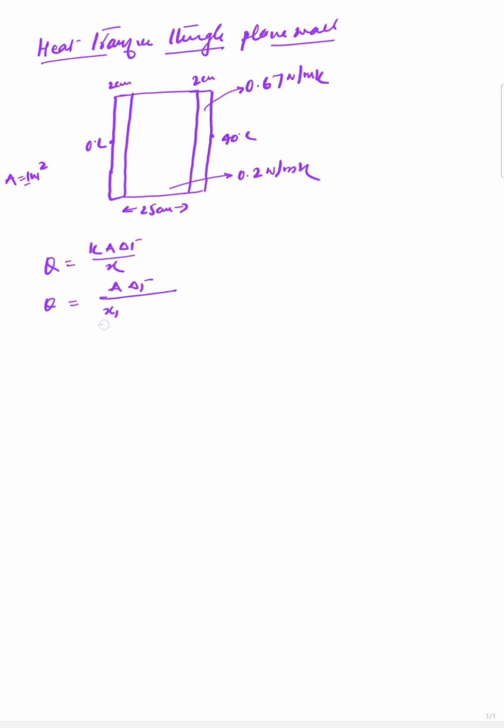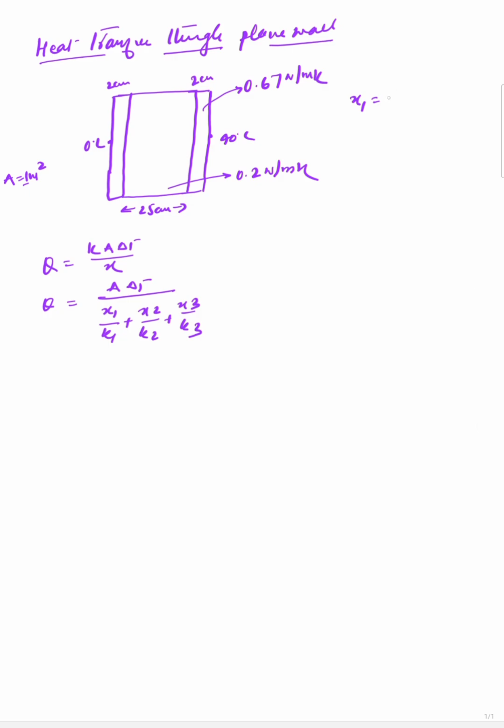Q = A ΔT / (x1/k1 + x2/k2 + x3/k3). Here suppose x1 is equal to 2 centimeter, so this is 0.02 meter, x2 is 25 centimeter, this will be 0.25 meter, and x3 again 2 centimeter, so this will become 0.02 meter.